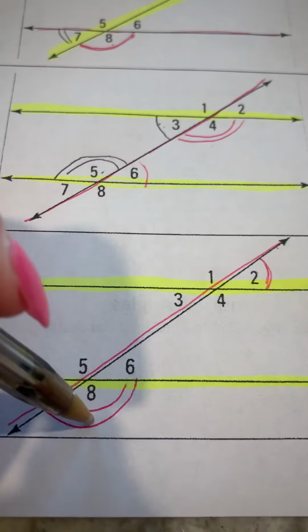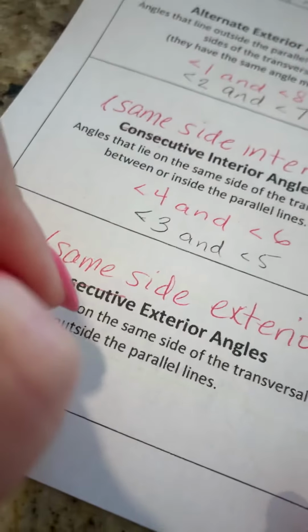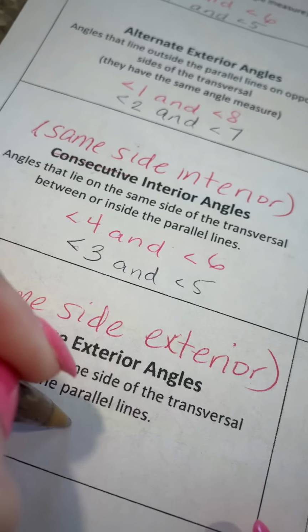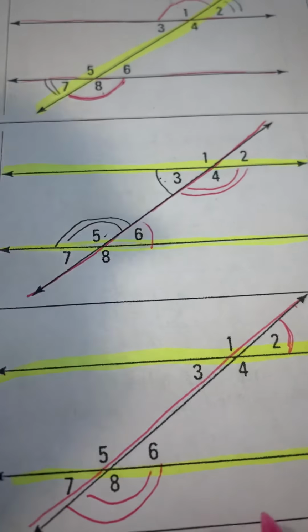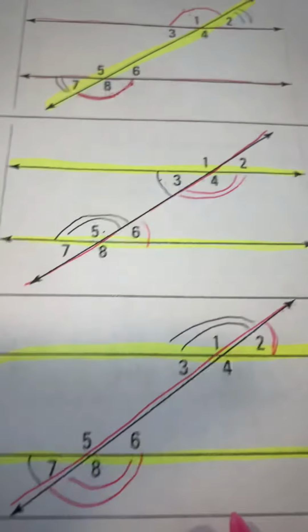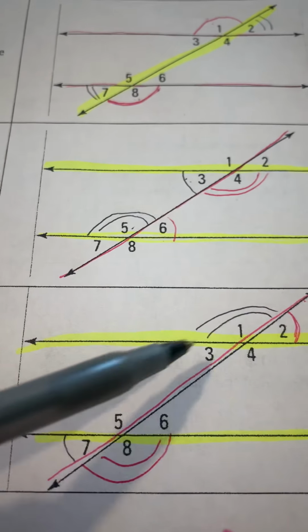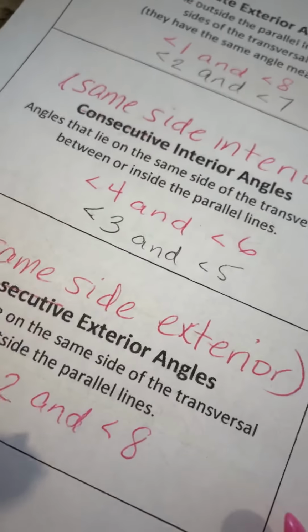Those are on the same side of the transversal, and they're both on the outside of the parallel lines. So angle 2 and angle 8 would be that same side exterior. And then also angle 1 with angle 7. Those are on the same side of the transversal, and they're both on the exterior of the parallel lines.